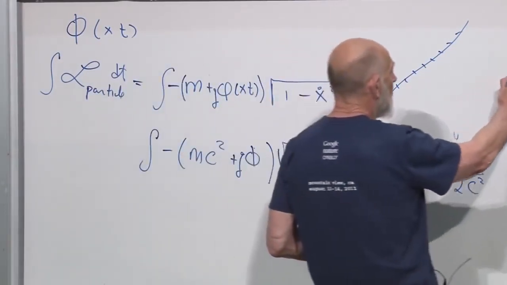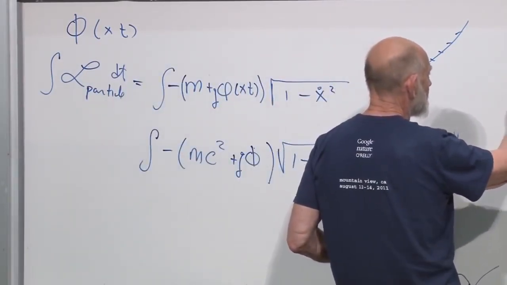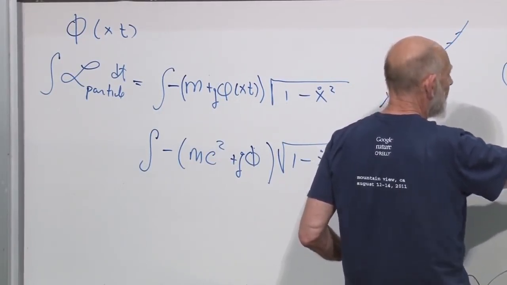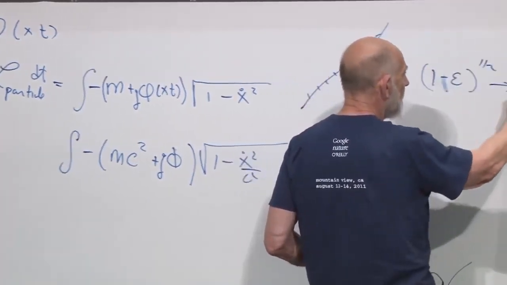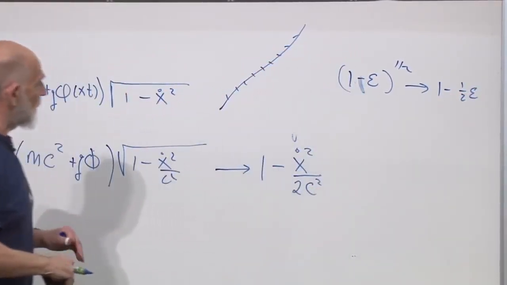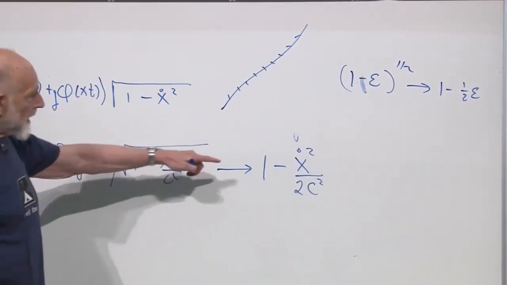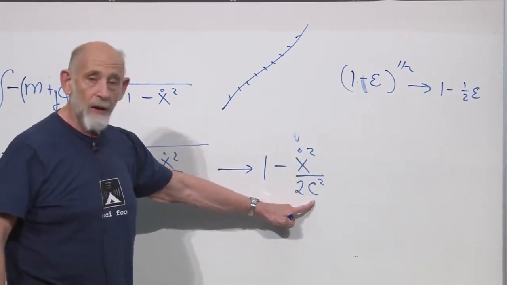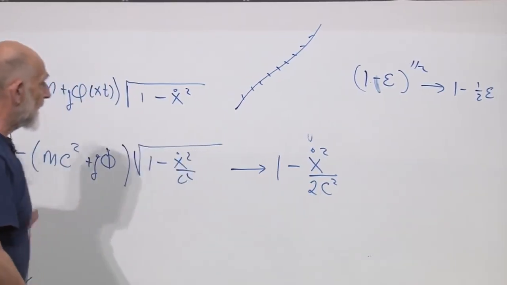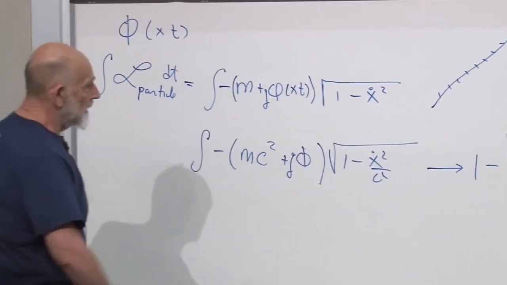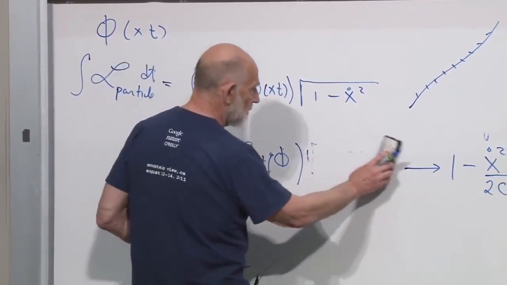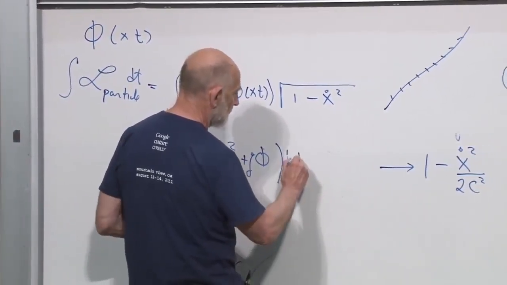I'm using that 1 plus epsilon, or 1 minus epsilon in this case, to the power 1/2 is just 1 minus 1/2 epsilon, plus things which are very much smaller, because they will involve higher powers of the ratio of the velocity to the velocity of light. So this is what we get, plus tiny, tiny things. Let's erase this and write 1 minus x dot squared.